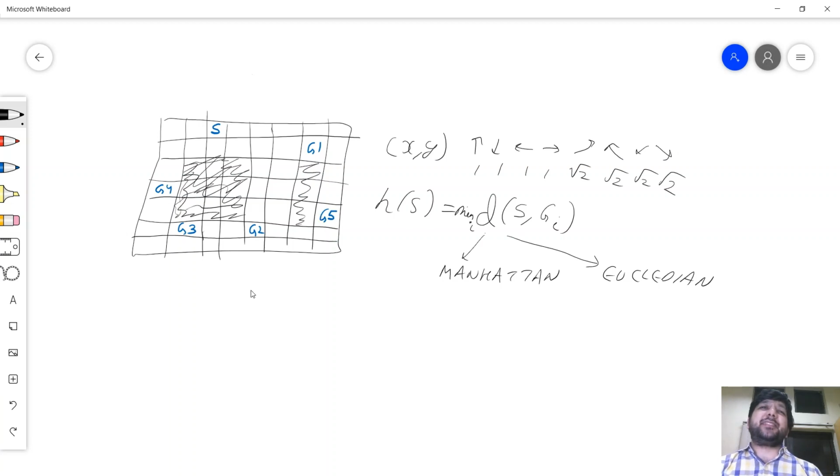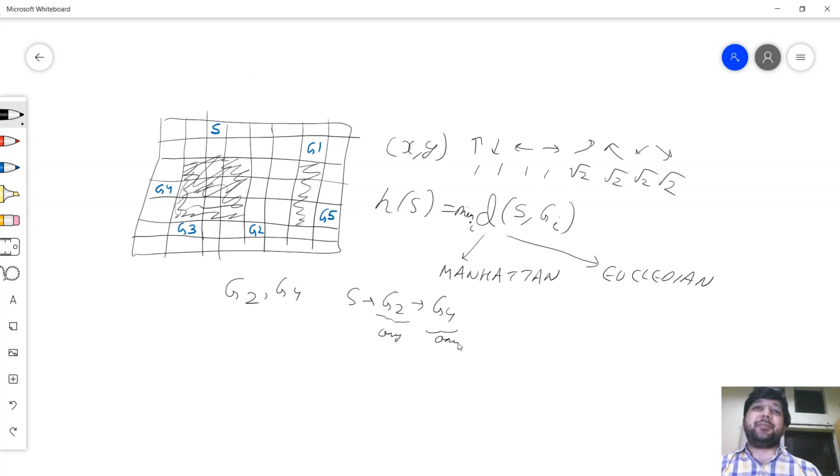Sometimes what I might do is that instead of saying that you need to go to the closest treasure, the closest food, I might say that you need to go to the closest two of them. So let's say it is G2 and G4. From source, you need to go to a G2, then you need to go to a G4, and this could be any.